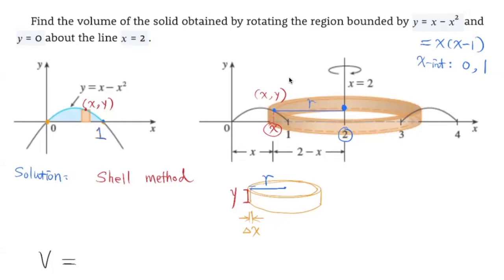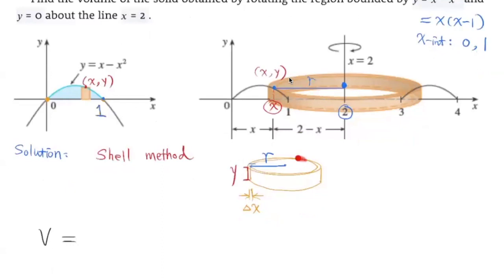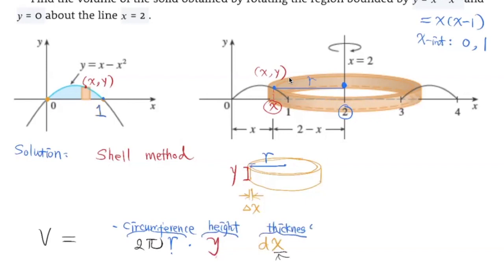So what's the volume for one thin shell here? Let's label this point on the curve x comma y. So the circumference of this circle is 2 pi r. And the height for this shell corresponds to the y coordinate, that's y. The thickness of this shell is delta x. So that's dx. So that's for one shell.